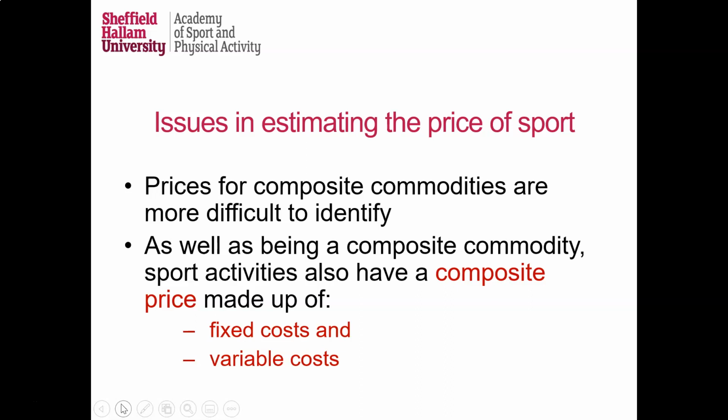There is the price of entry to participate in your given sport, but then sports will also have costs associated with time, the amount of time that is required to travel to and participate in the particular sport. And we looked at the importance of time last week. But there may also be, for many sports, costs in buying equipment, buying clothing, which is required to actually participate in that sport.